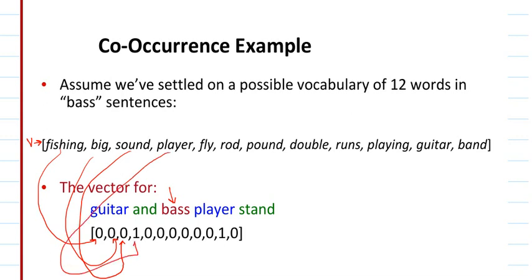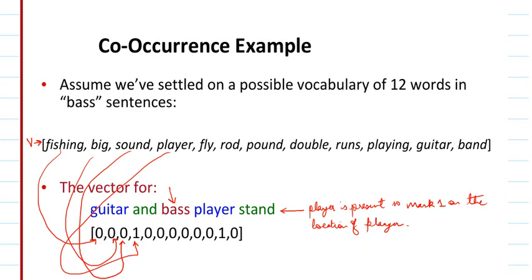So we see that there is a 1 in player, which means player is present in this example sentence. So player is present, so mark 1 on the location of player.